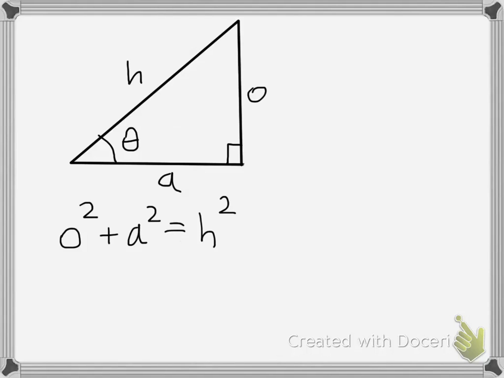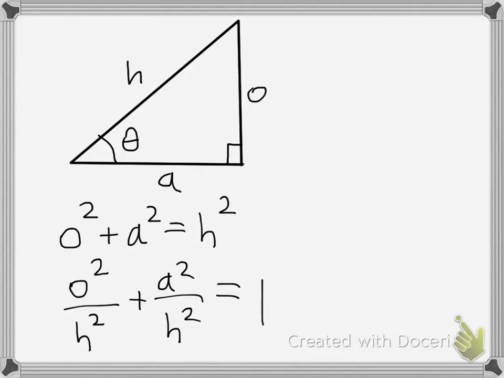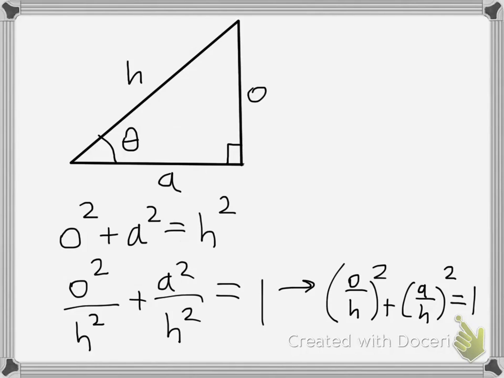Then we're going to divide both sides by H squared. So we have O squared over H squared plus A squared over H squared, and H squared divided by H squared is just 1.